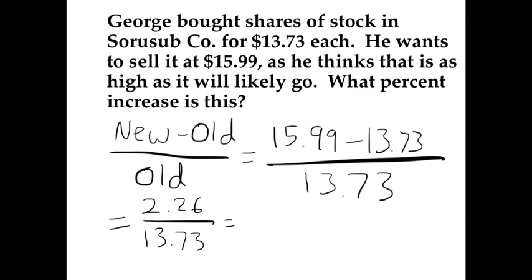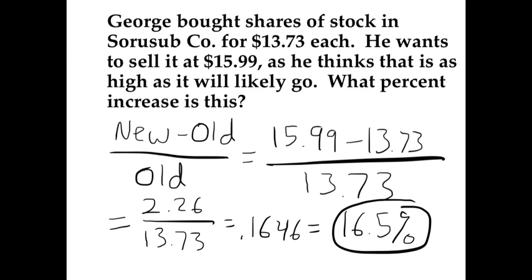And we can see that George's stock went up .1646 as a proportion. Converting that to percent, we've got 16.5%. Again, notice I rounded to 1 decimal place just for convenience.